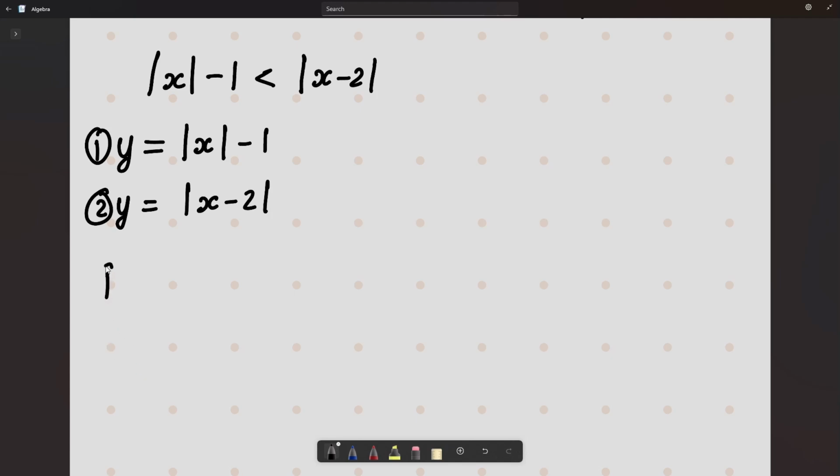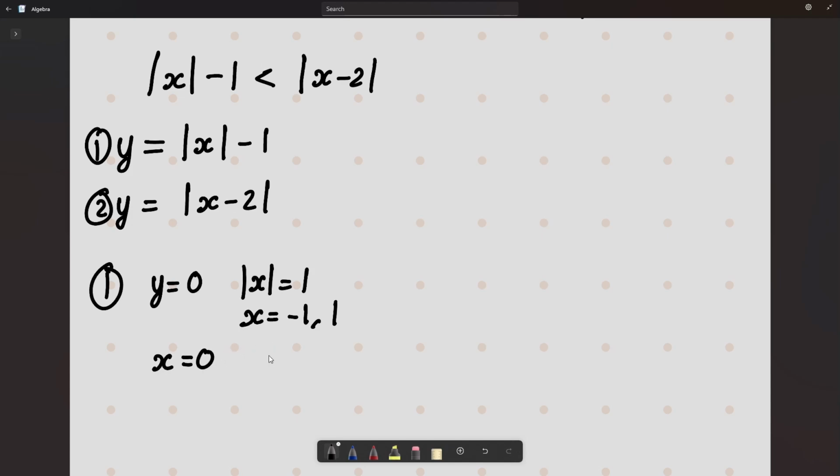So for 1, if your y was 0, your modulus of x will be equal to 1. And since this could be either 1 or negative 1, your x values are just negative 1 and 1. So what if x was 0?